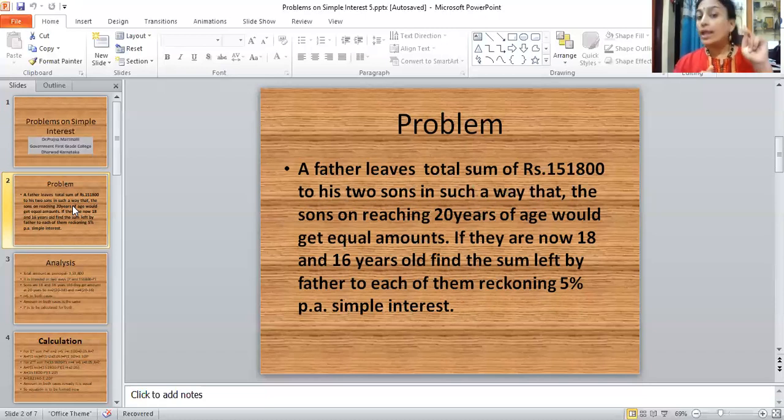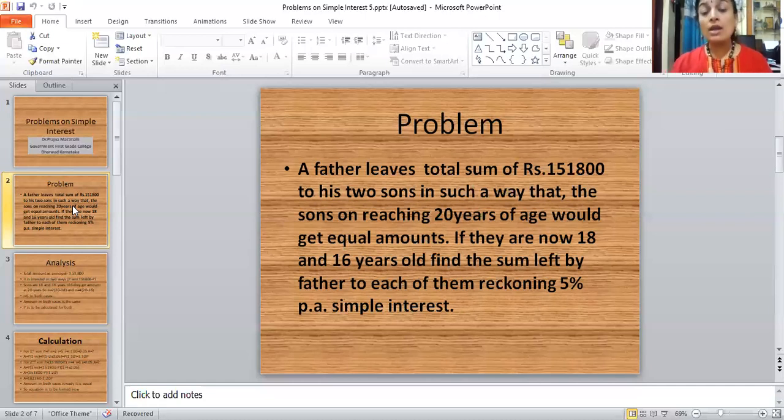But younger son is now 16 years old. He gets the amount when he becomes 20 years. That means 20 minus 16, 4 years. For his case, n is equal to 4 years.